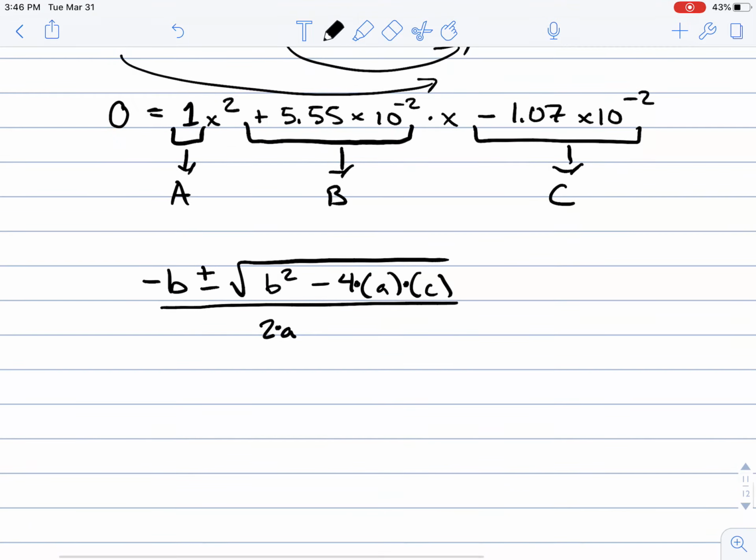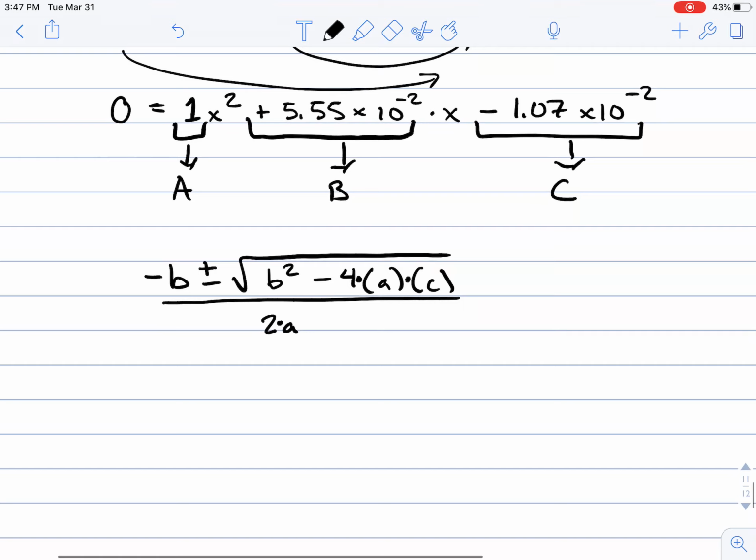And so wherever we see a, b, or c, that's where we're going to plug it into this equation. And so here we have negative of b. So this is going to be negative 5.55 times 10 to the negative 2 plus or minus the square root of b squared.